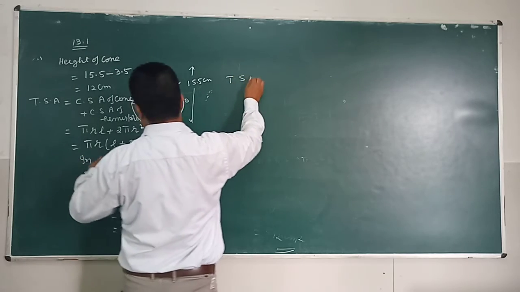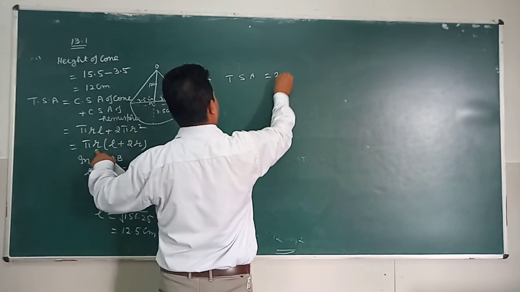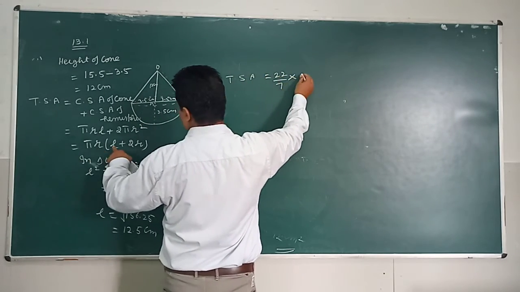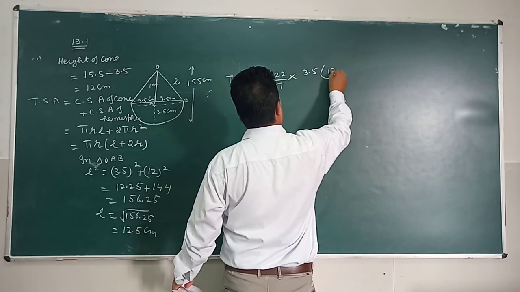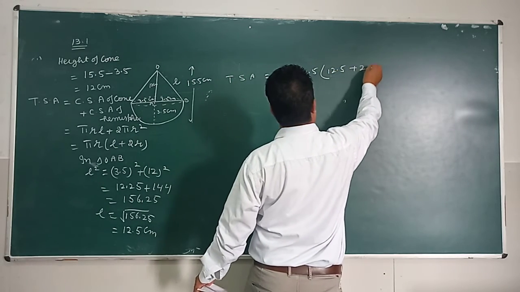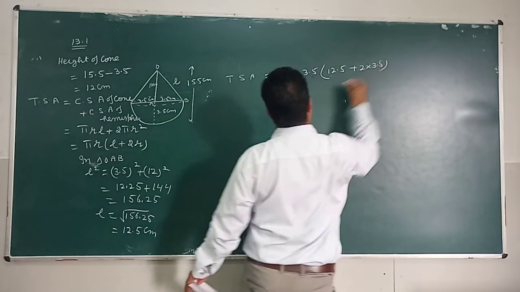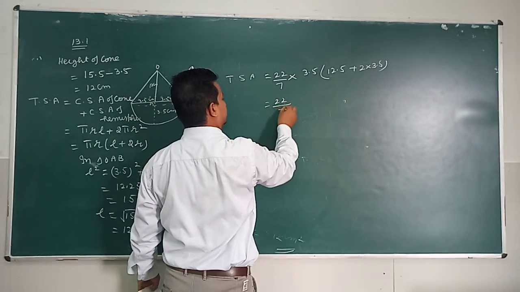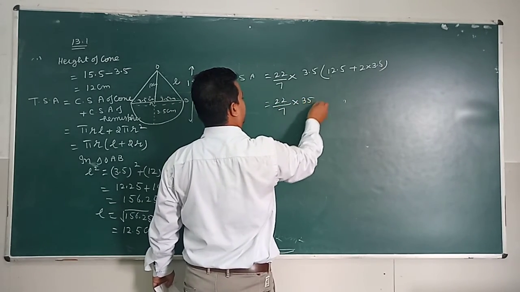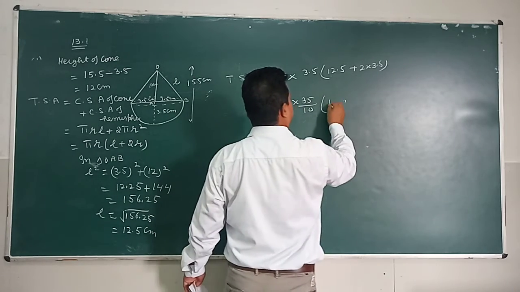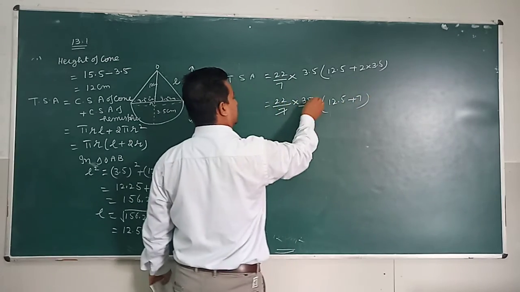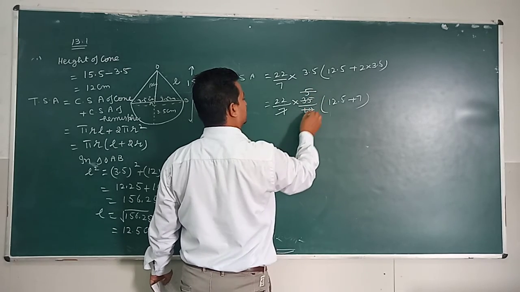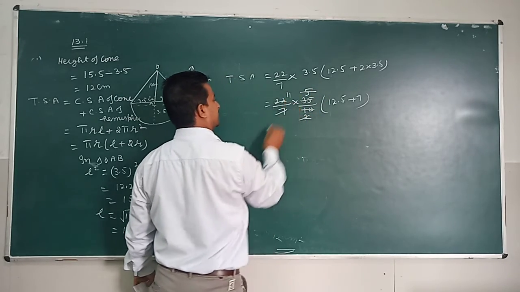So when we put the value in this, the value of total surface area of toy is pi is 22 by 7, r is 3.5, l is 12.5 plus 2r is 3.5. So this is 22 by 7, this is 35 by 10, this is 12.5 plus this is 7. So 7, 5, 35, 2, this is 11.